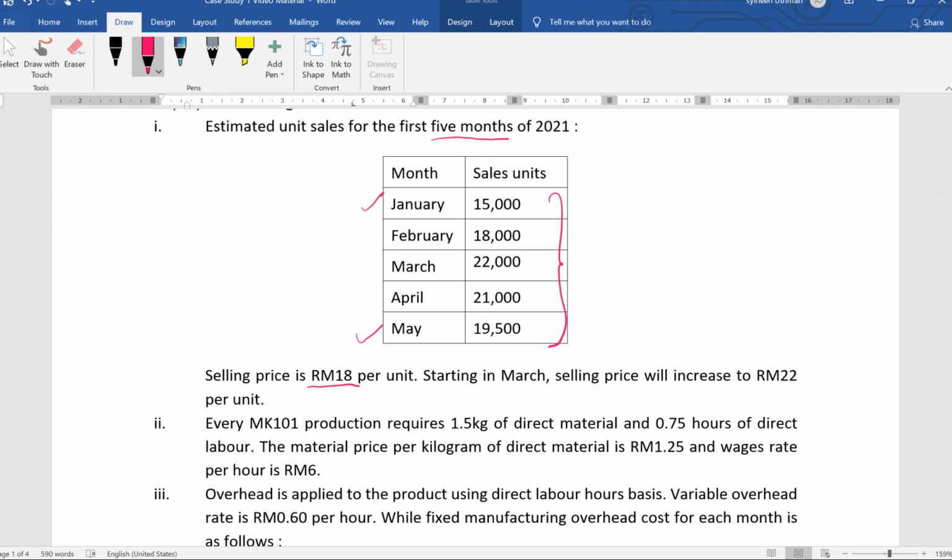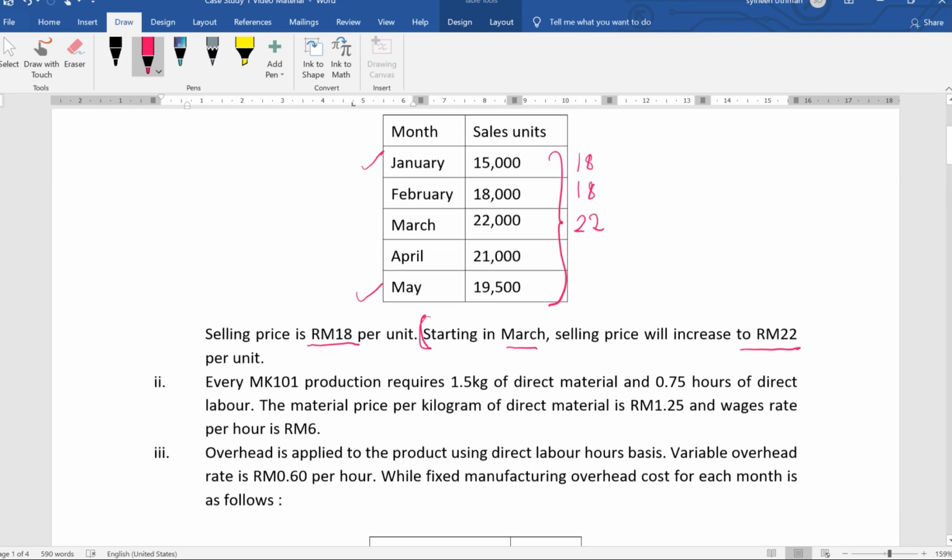Starting from March, the selling price will increase to 22. That means the selling price for January is 18 ringgit, February is also the same, but starting from March, the selling price will increase to 22 ringgit per unit.